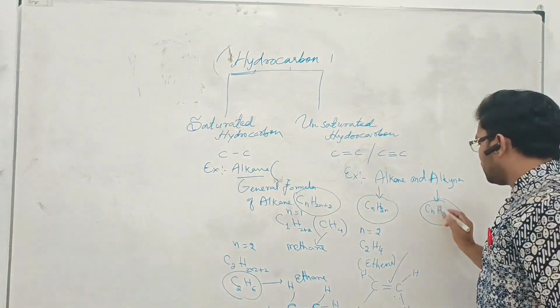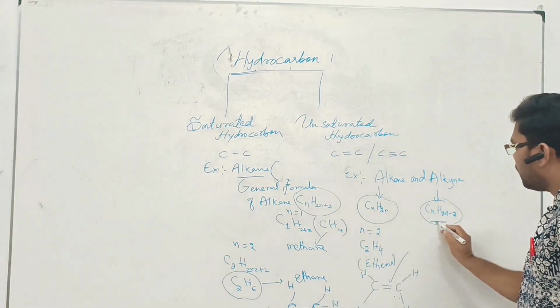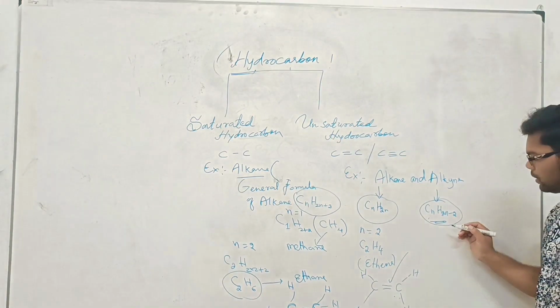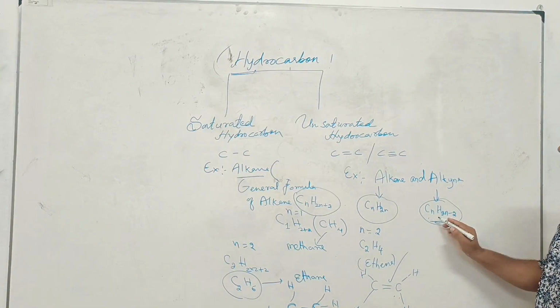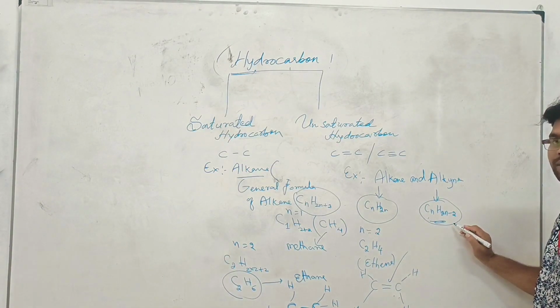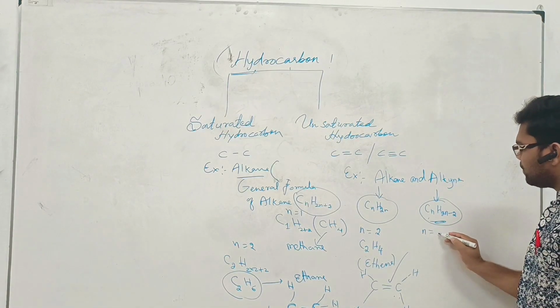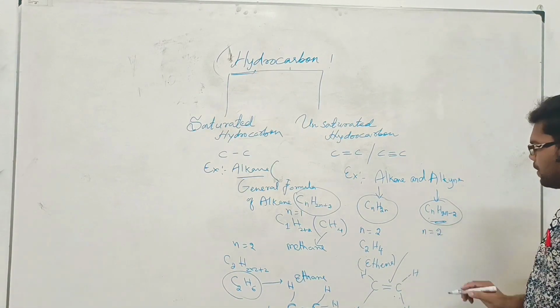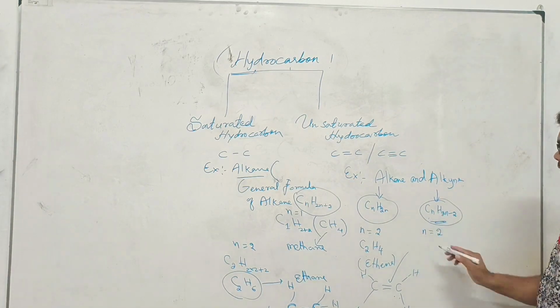On the other hand, have a look at this compound from the alkyne group. The general formula for alkyne is CnH2n minus 2. So here you can take n is equal to, for example, 2. What will be the compound? Replace the value 2 into this n.